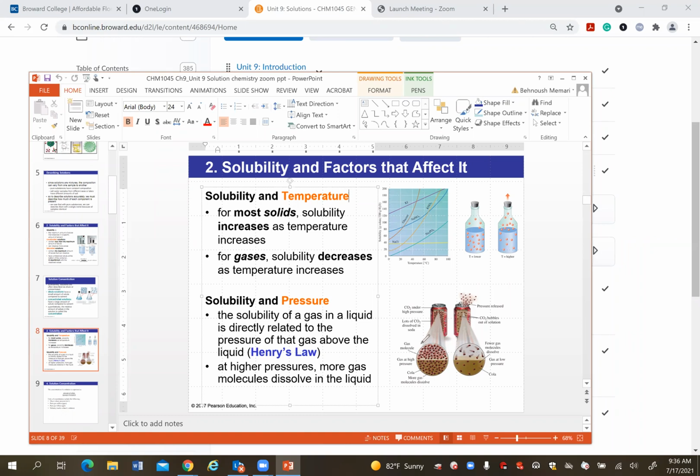When you buy a soda, and when it's cold, you pour it into a glass, a jar or a container, you see some bubbles forming on the side of the glass. What does it mean?